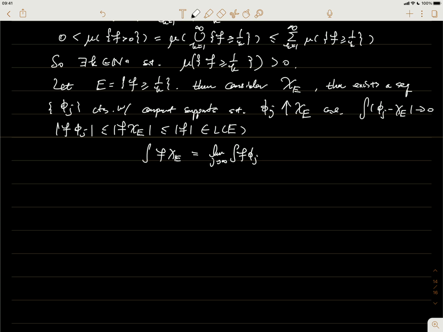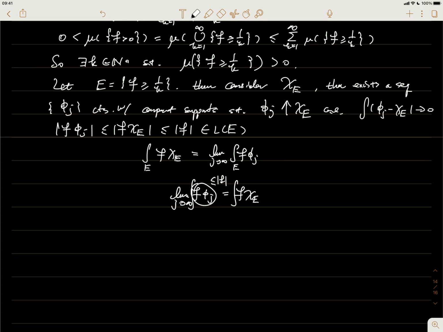The limit can be exchanged with the integral, and when we exchange that, the limit of the integrand is just f K. So the integral of this is equal to the integral of this by the dominated convergence theorem, because each one of these is bounded by f. That's why we get this inequality.